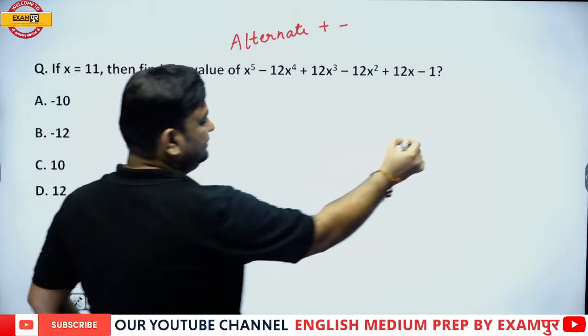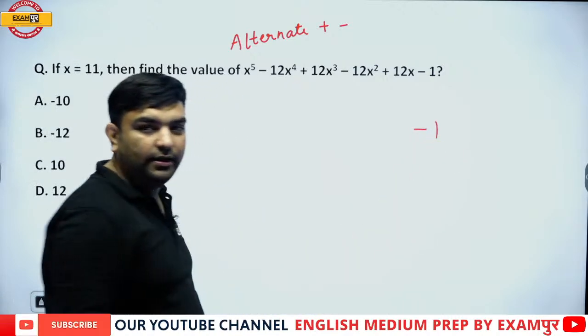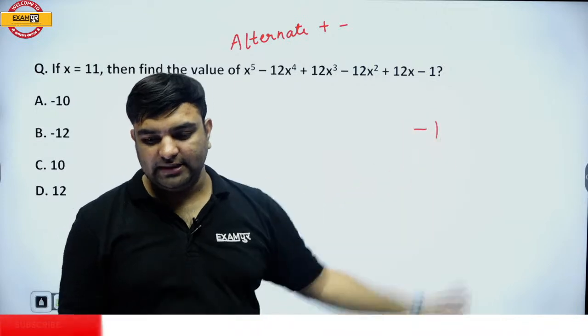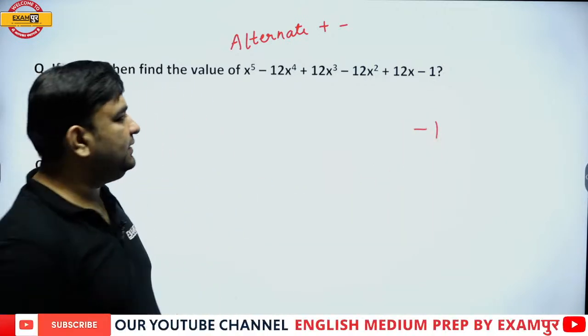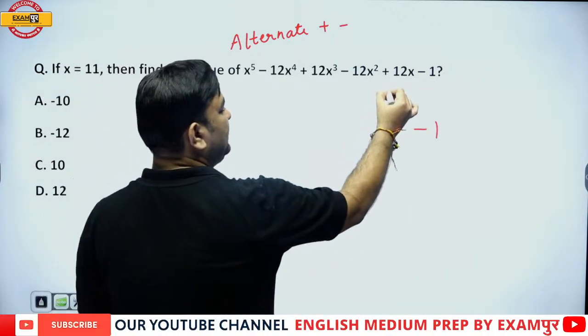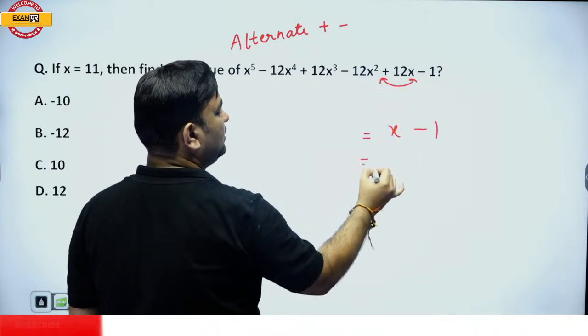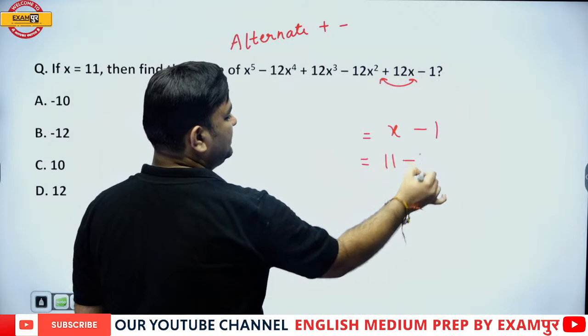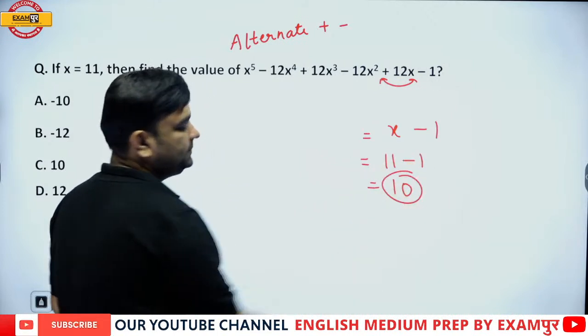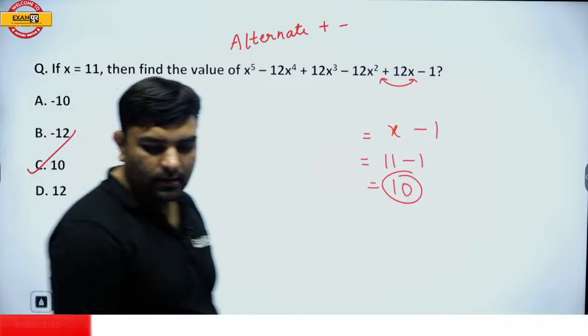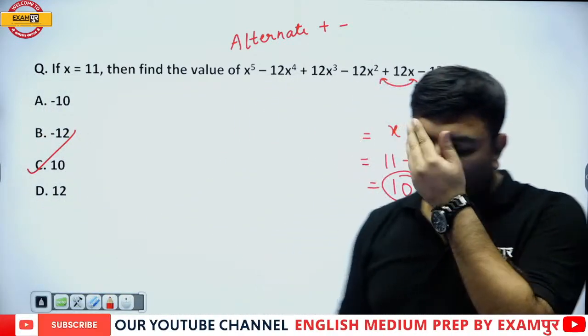The constant term, and from the second last term, x with the sign. So plus x. X is 11 minus 1, 10 is the answer.